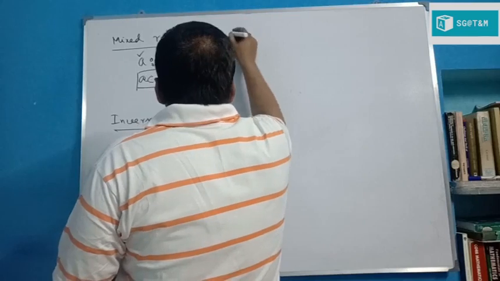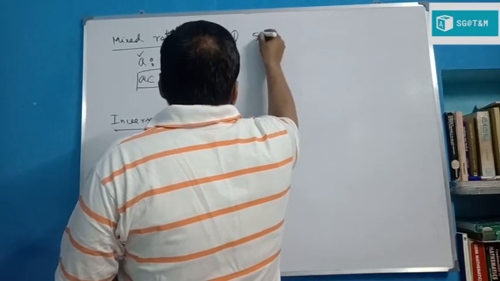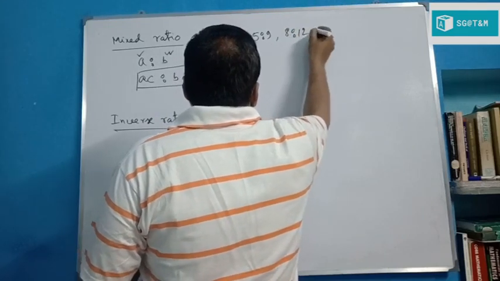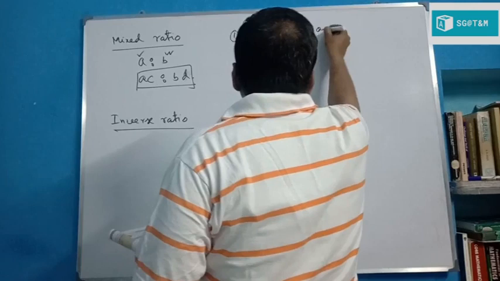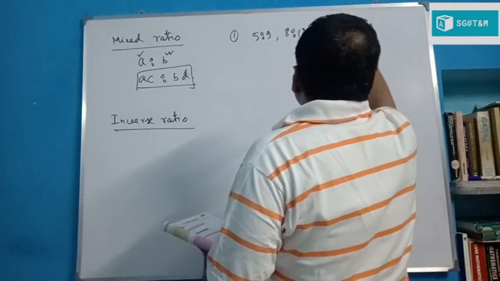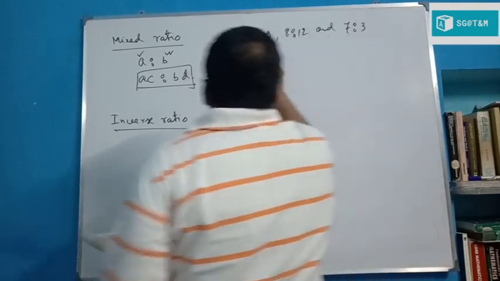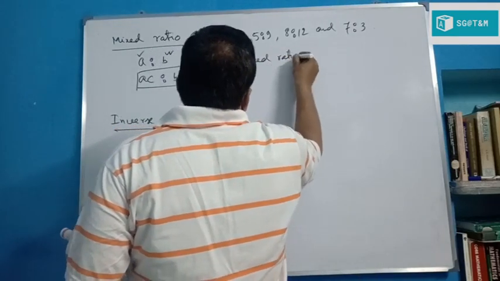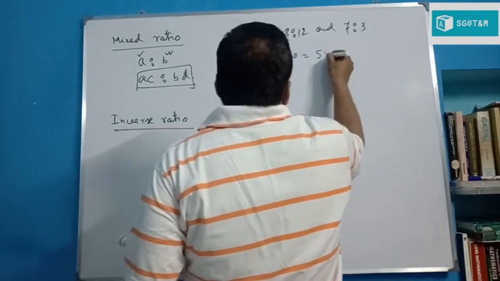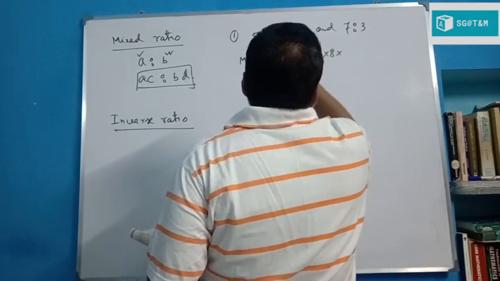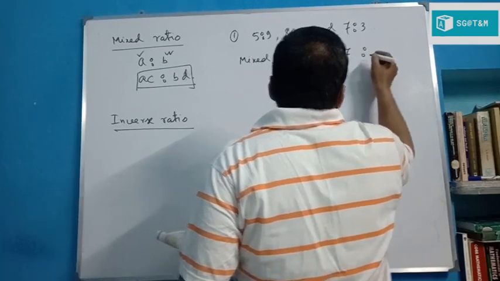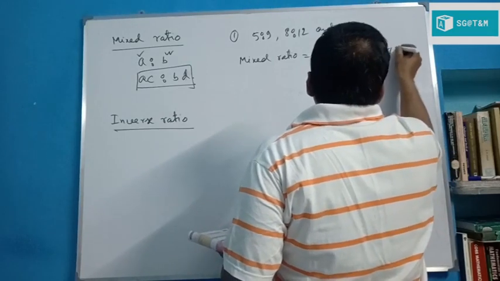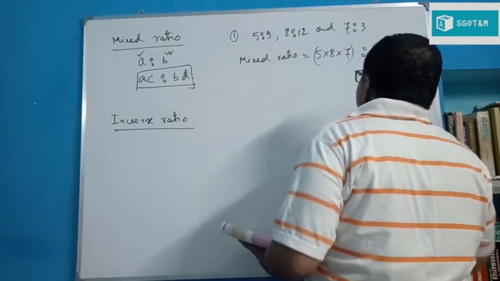Number 1: 5:9, 8:12, and 7:3. That is 5 into 8 into 7 over 9 into 12 into 3.